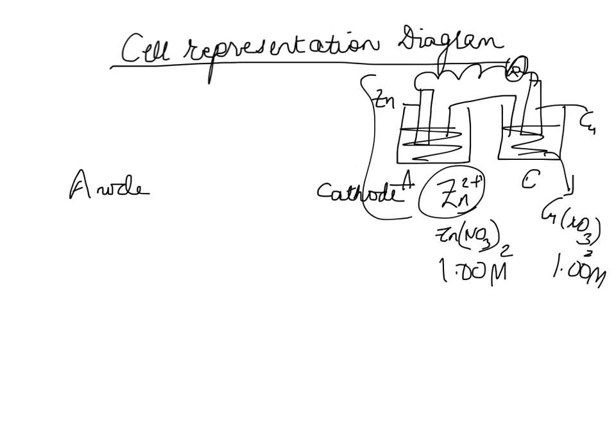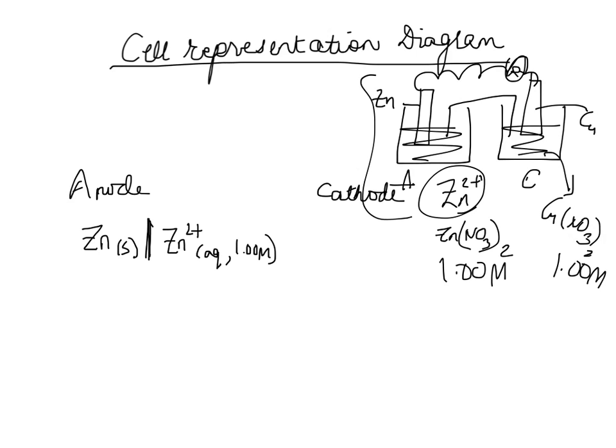What you do is you first write down what's happening at anode. So you start with the electrode. Zinc solid is losing electrons. That means it's becoming Zn2+, which is aqueous, and the concentration there is 1 molar.